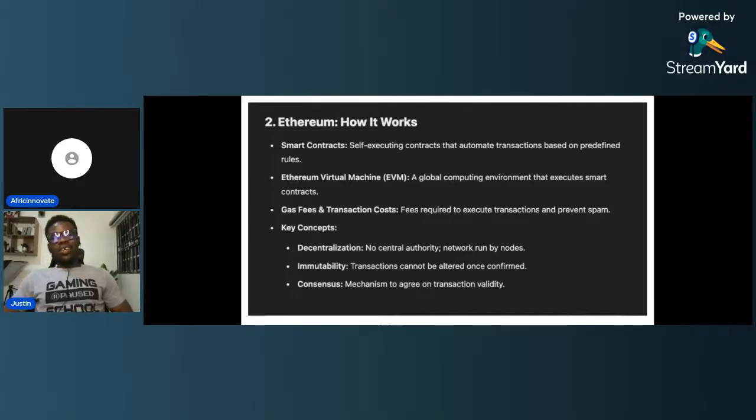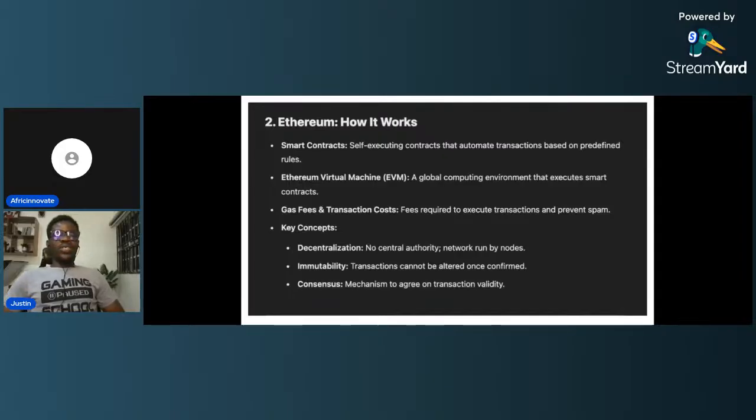So here we have the Ethereum Virtual Machine. You can build on top of it, since the infrastructure is available. So it's a global computing environment that executes smart contracts. If we are not aware of the EVM, let us take it from this platform today.